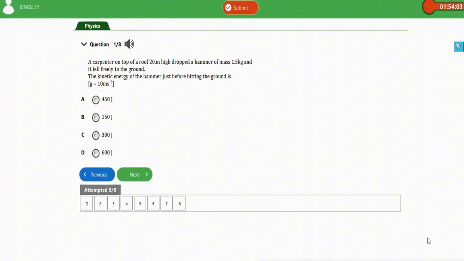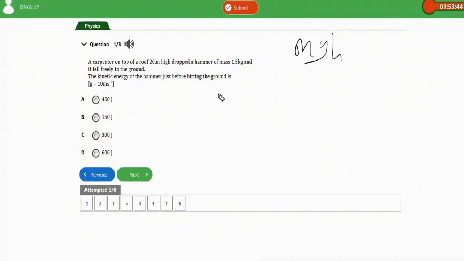Alright, so guys, take note that the kinetic energy of the hammer just before hitting the ground will equal its potential energy. We know that the formula for potential energy is mgh.